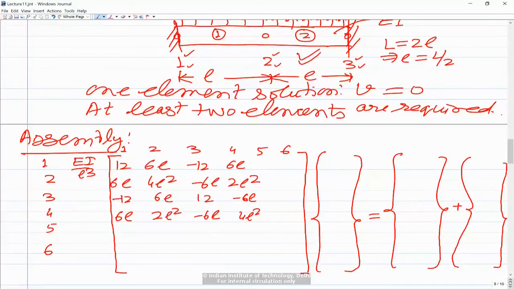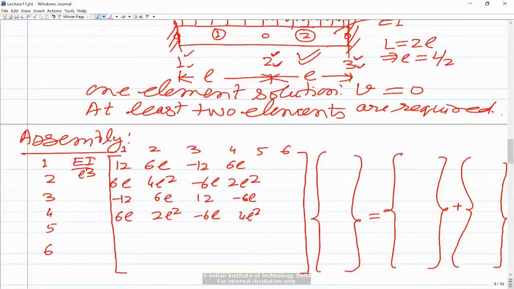So basically the element 2 is defined in terms of the third, fourth, fifth, and sixth degrees of freedom. That is, v of the second node, which is the global third degree of freedom, theta of the second node, which is the global fourth degree of freedom, then v of node 3, which is the global fifth degree of freedom, and theta, which is the global sixth degree of freedom.